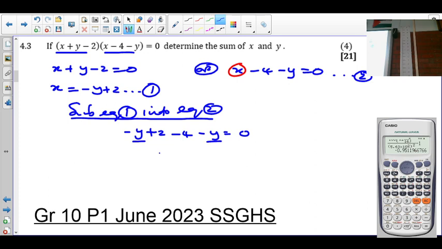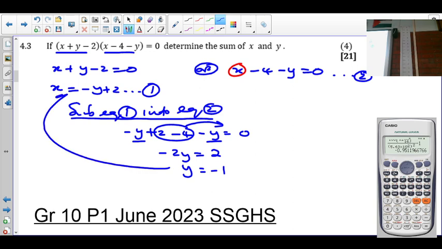So that's minus 2y is equal to negative 2, we take it over, becomes positive 2. So y is equal to negative 1. So of course we substitute that back into equation 1. Since in equation 1 we have x as the subject of the formula, it's minus 1 plus 2, which gives me an answer of 3.